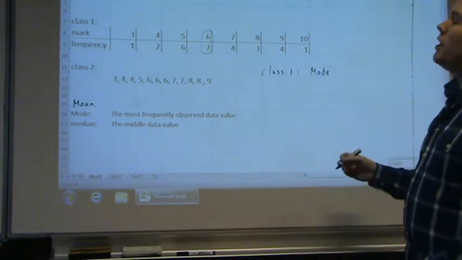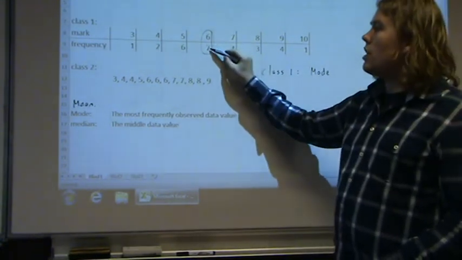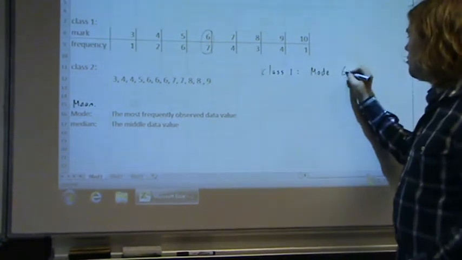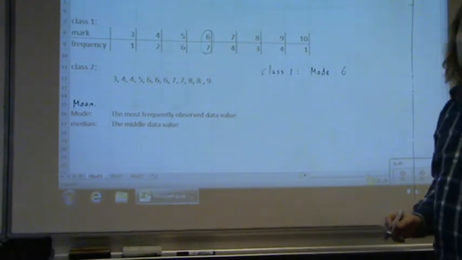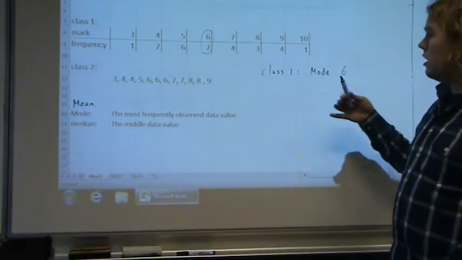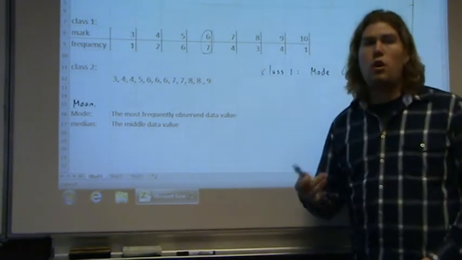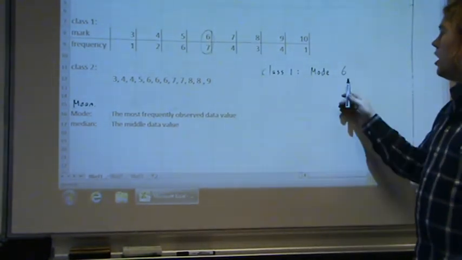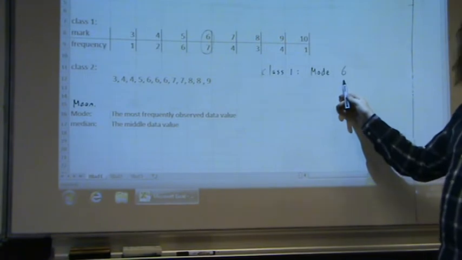So the mode is not the frequency 7, but it's the mark 6. That's also important to note. The question is what mark is the mode? So what mark is the most frequently observed one? That's the 6. So the mark 6.